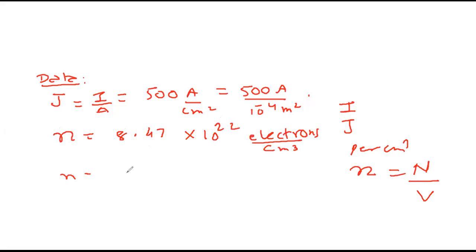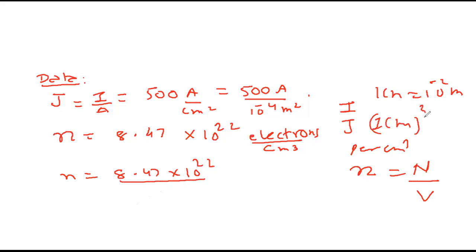Convert into meter cube. 1 centimeter is 10 raised to minus 2 meter, correct? So when you cube both sides, 10 raised to minus 2 meter the whole cube, that means 10 raised to minus 6 meter cube. This many electrons per meter cube.